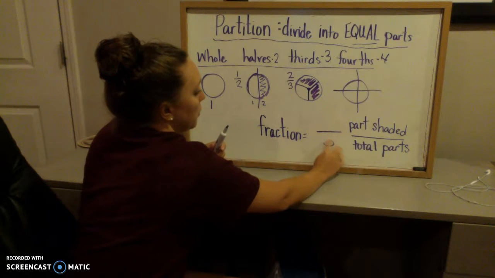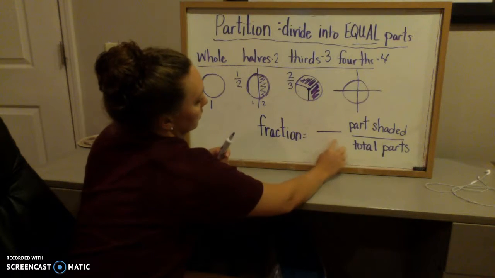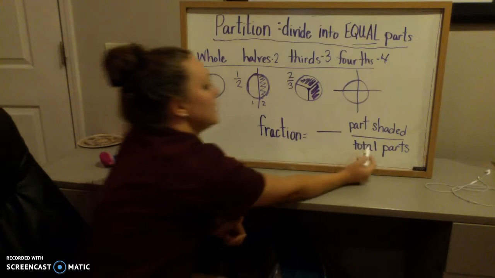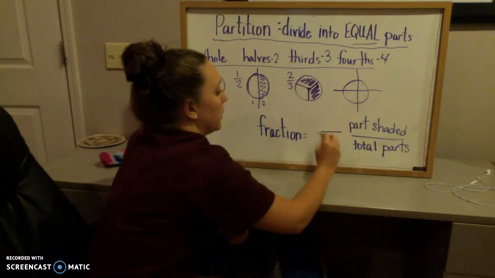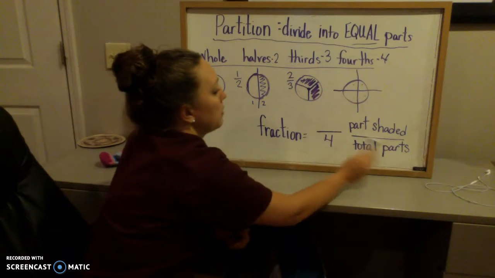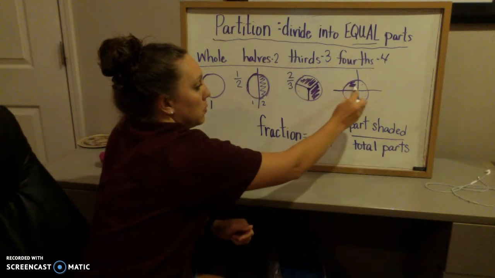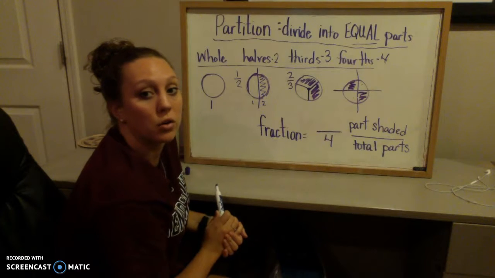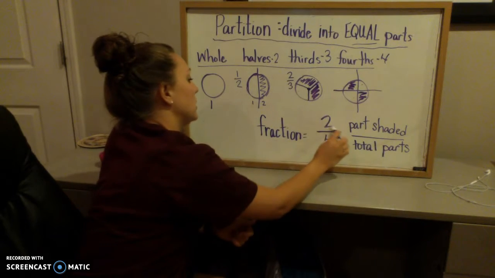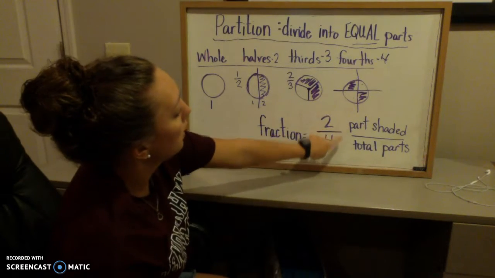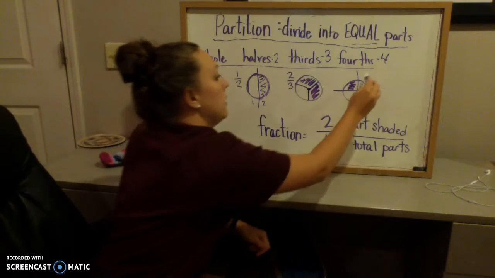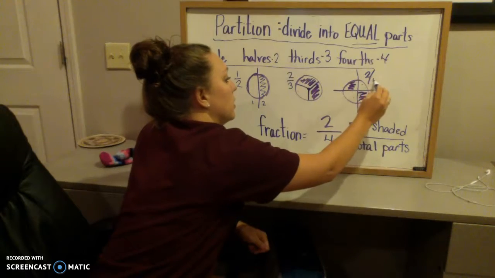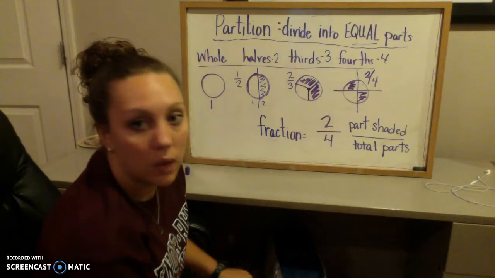Now moving on to the fourths. How many total parts are there? There are 4 total parts. How many parts are shaded? Well, right now there are 2 parts shaded, right? So we would say this is 2/4. You can also write your fraction like that.